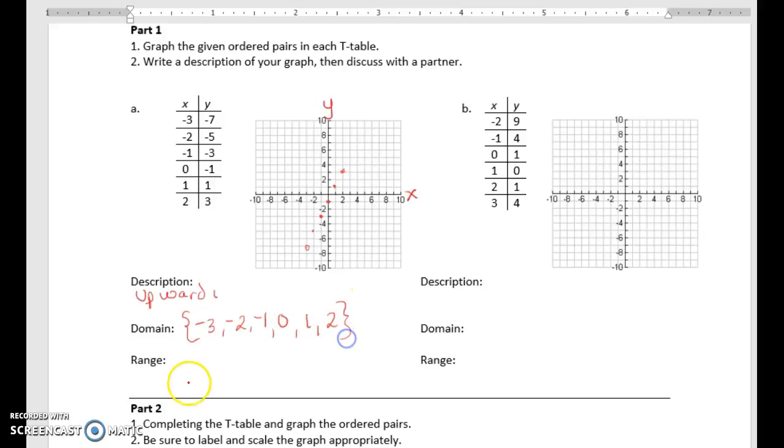And the associated output values, which is our range in this case, is {-7, -5, -3, -1, 1, 3}. It is important to make sure that you do not connect the points here, because we don't know anything about what's going on. We're just graphing this set of points as they stand right here.